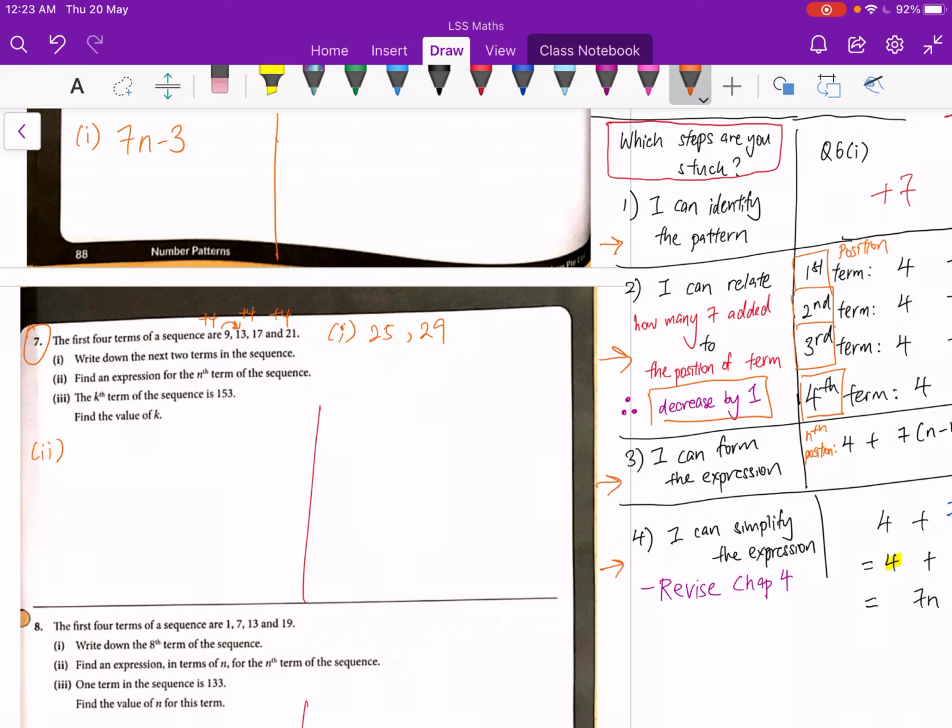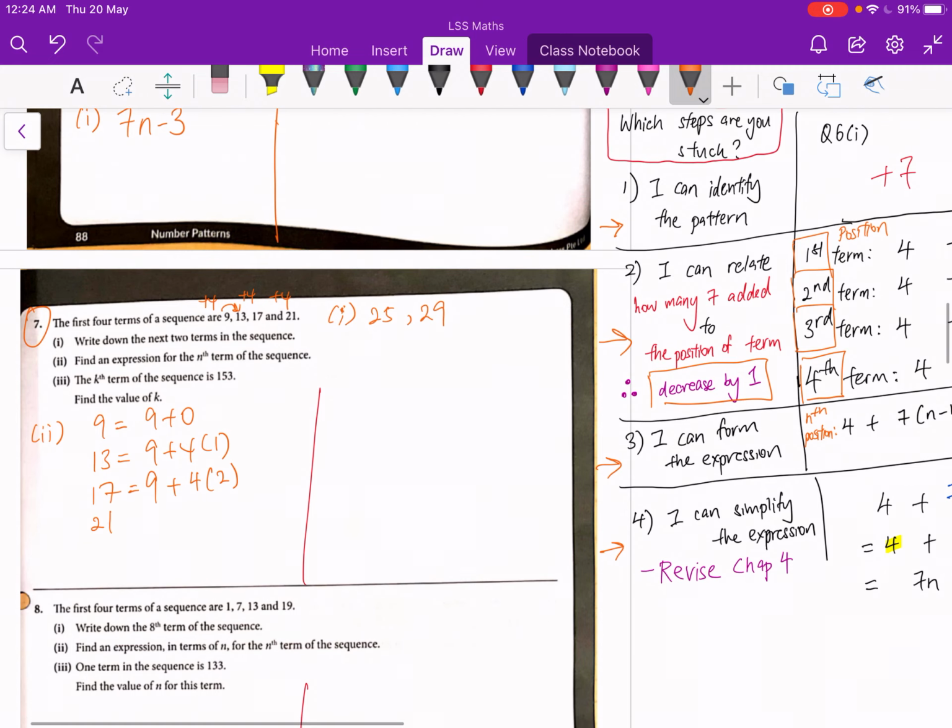For number 2, are you able to see that for each number that you get, the number of 4s added is always decreased by 1? If you're able to see this pattern, good for you.